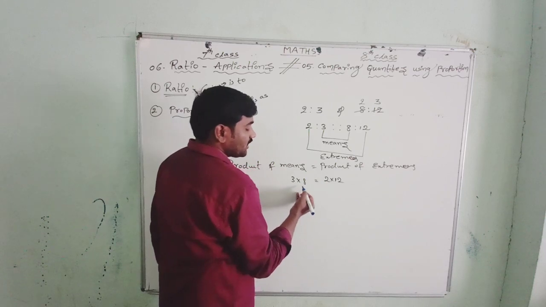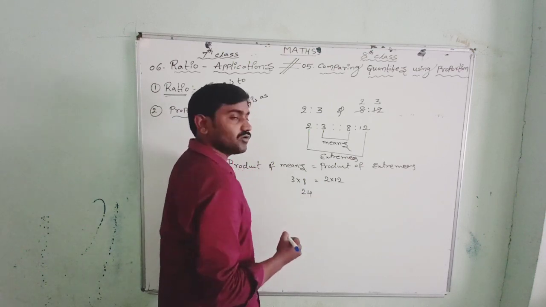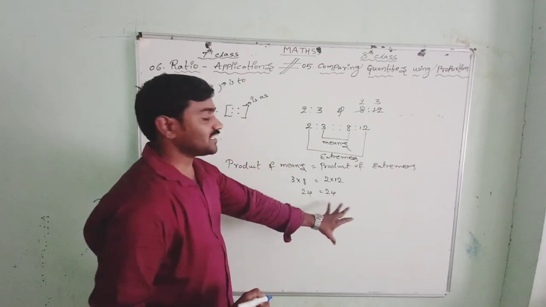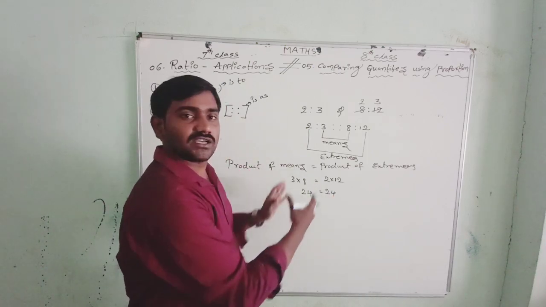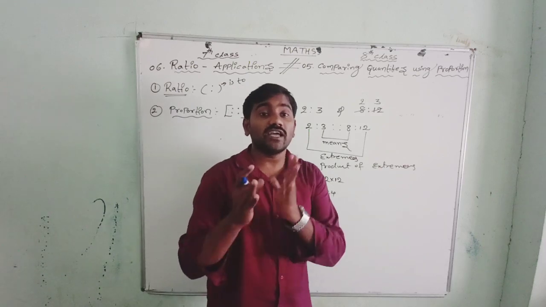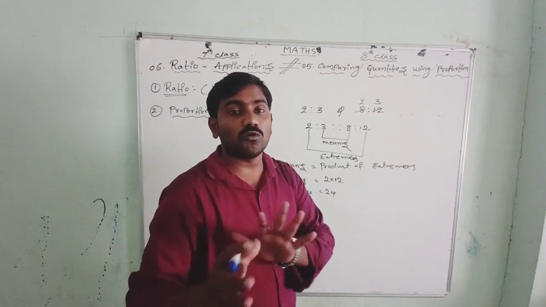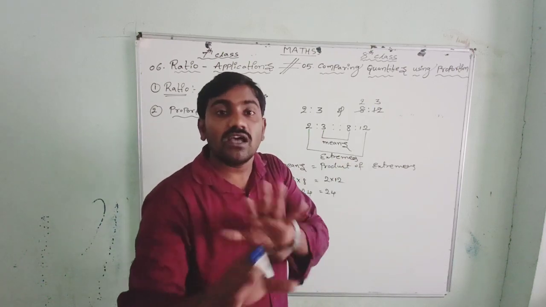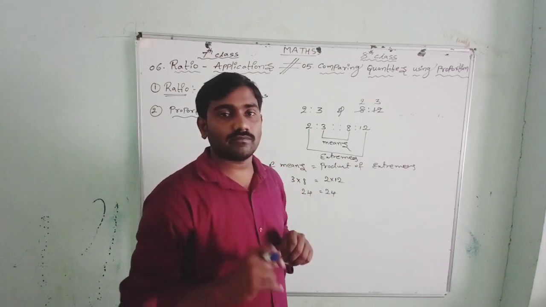See, 3 8s are 24, 2 12s are 24. You got LHS equal to RHS. The product of means is equal to the product of extremes. Hence, the given ratios are in proportion. If the product of means is not equal to the product of extremes, they are not in proportion.